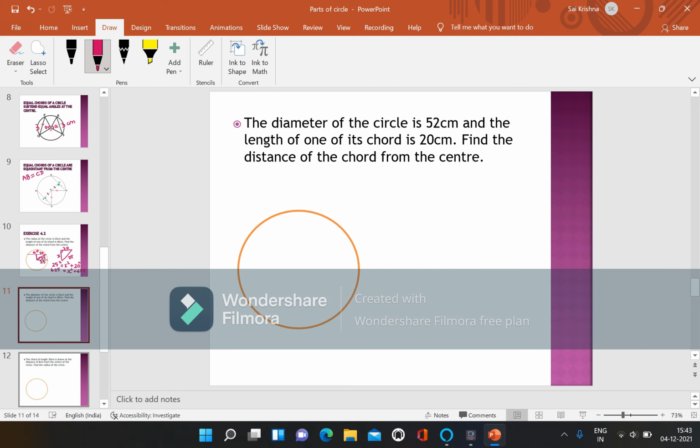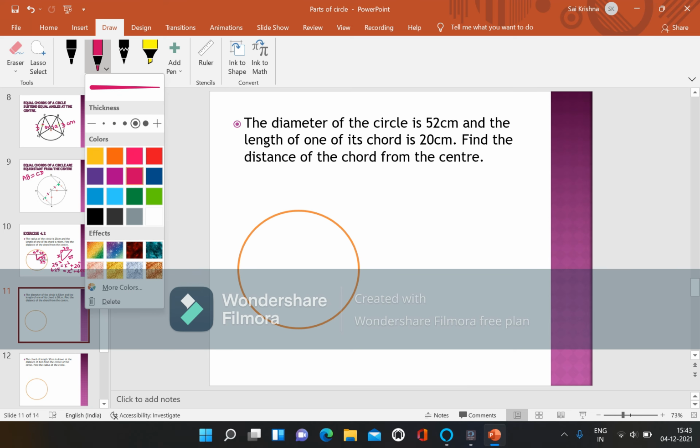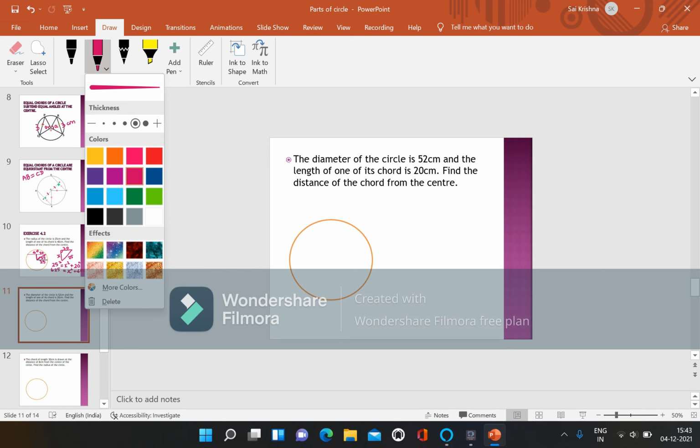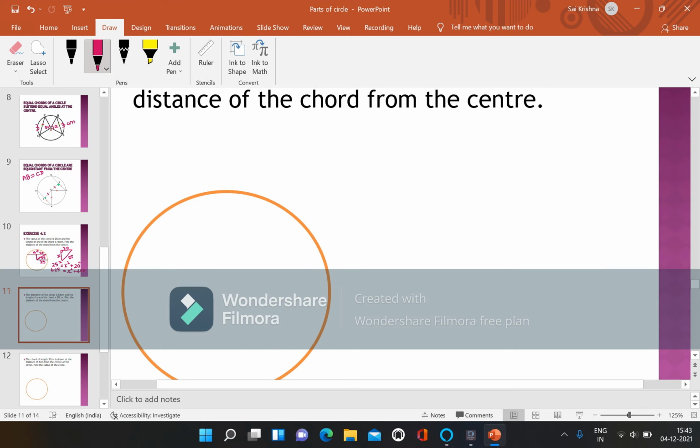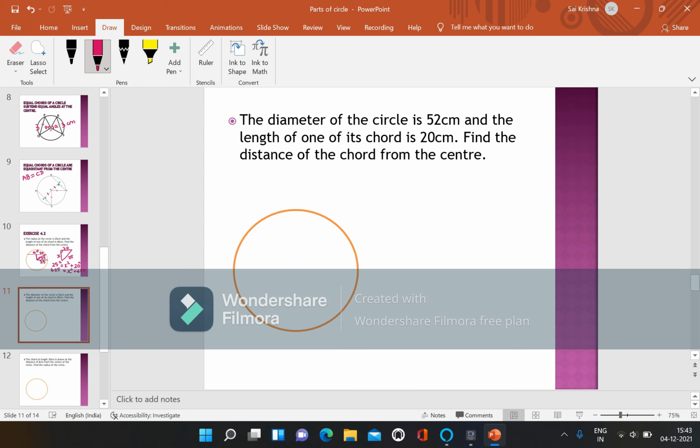So in the same type we have another question. The diameter of the circle is 52 centimeter and the length of one of its chords is 20 centimeter. So here the diameter is given. As you know, half of the diameter is the radius.